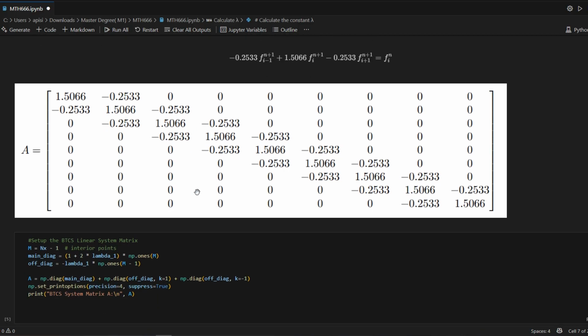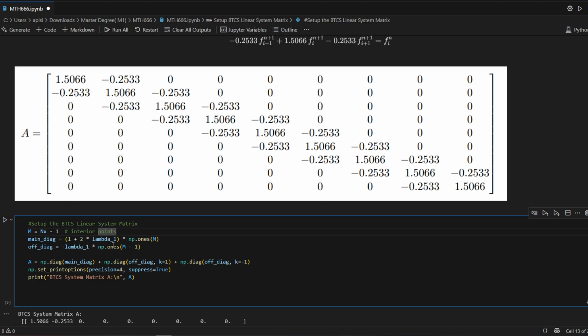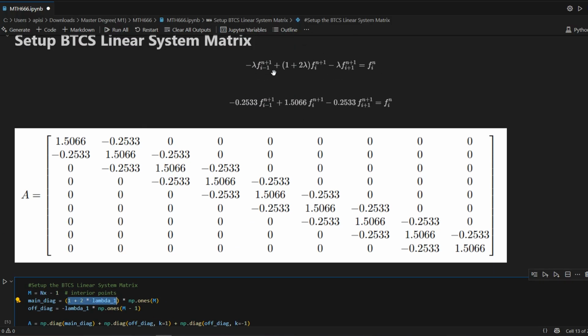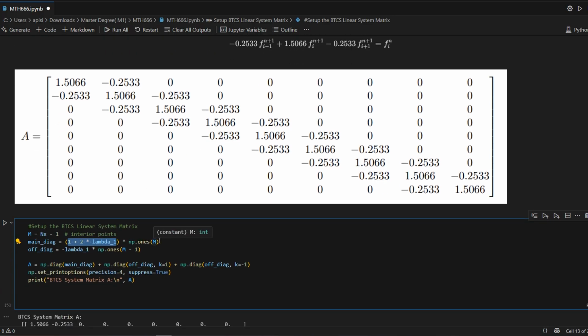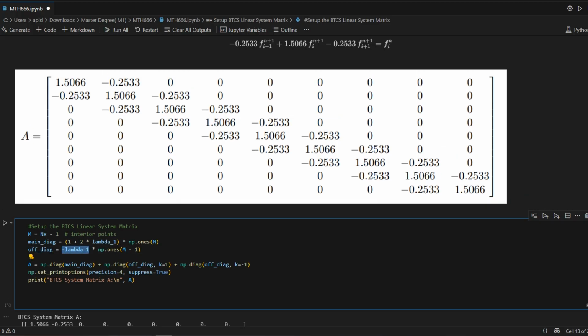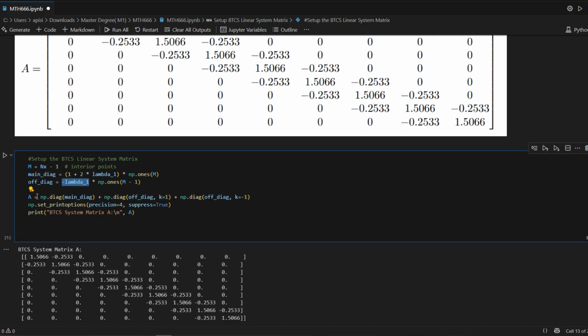We will have a 9 by 9 matrix because we start from i equals 1 to i equals 9, and we create m equal nx minus 1 for the interior points. The main diagonal we calculate from the equation 1 plus 2 lambda multiplied with the ones matrix, and the off diagonals are minus lambda multiplied with the ones matrix also. We combine all the main diagonals and off diagonals, and we will get this matrix.